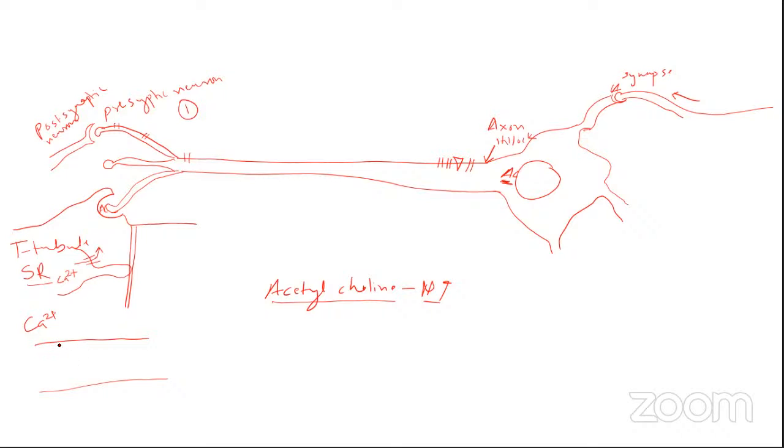In the sarcomere, there are thick and thin filaments, right? The arrangement is somewhat like thick filaments are like this. There are thin filaments like this. And then there are thick filaments alternating.